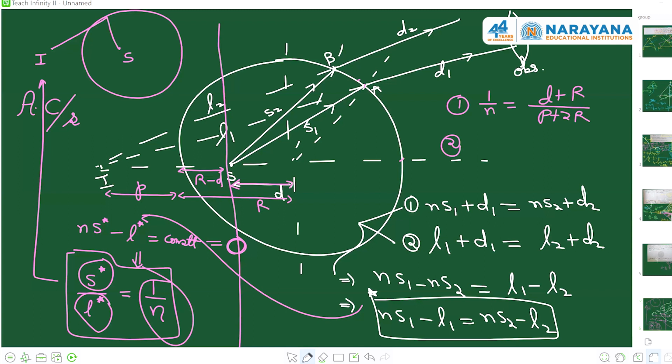And similarly, I can say 1 upon N is also equal to, now with respect to this point, S star is R minus D, and with respect to this, since that is P. So these are the two equations which I can write to find out P.